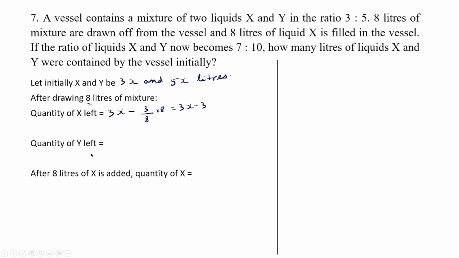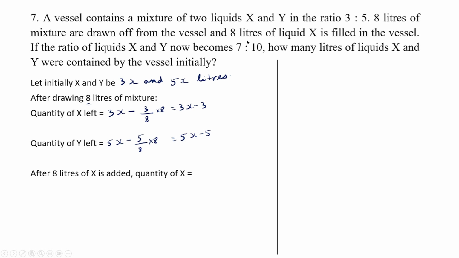Then the quantity of Y left will be, initially it is 5x minus, the proportion of Y is 5 by 8. So the quantity drawn will be 5 by 8 into 8. It is 5x minus 5.